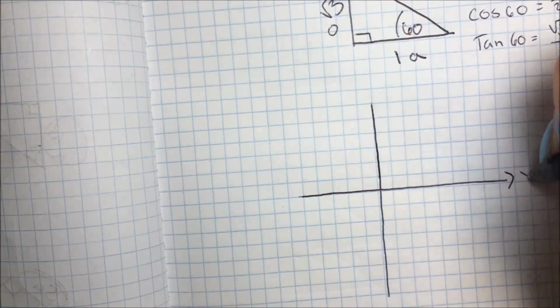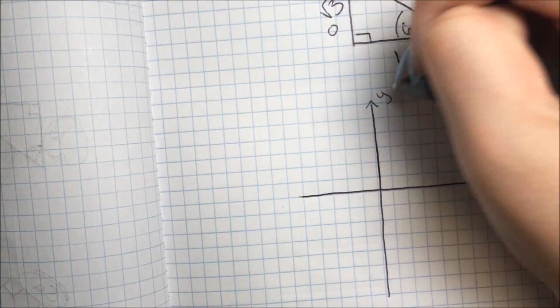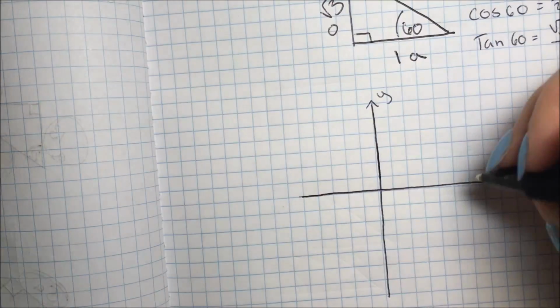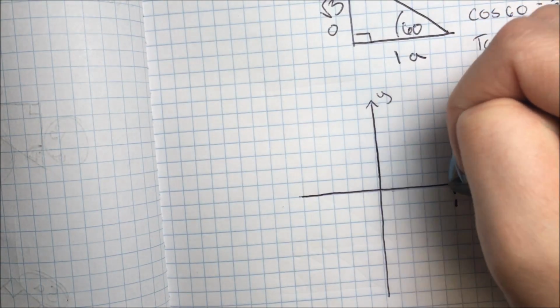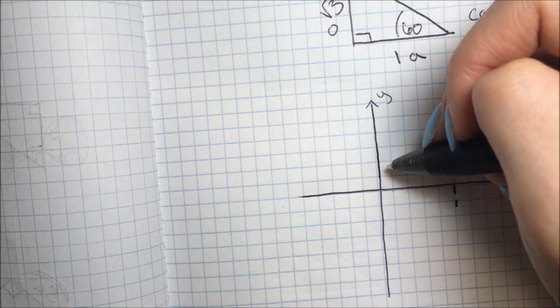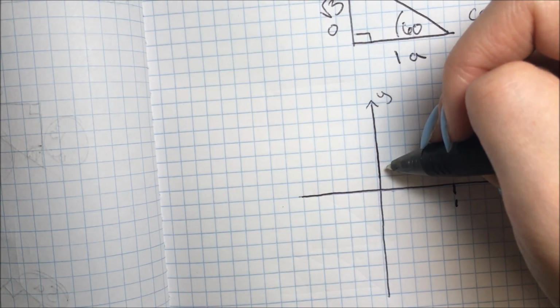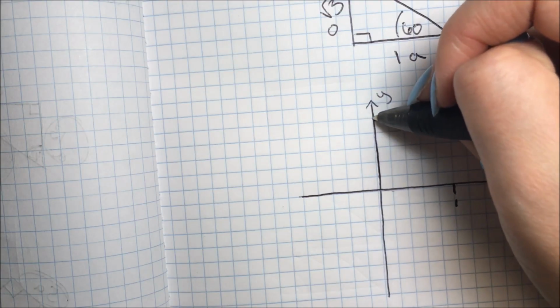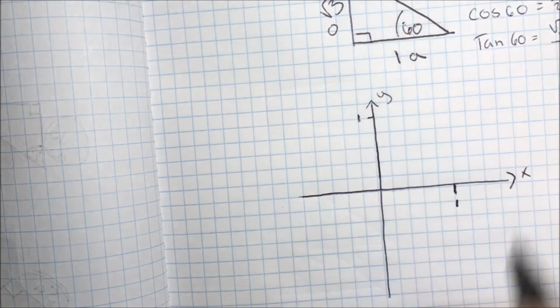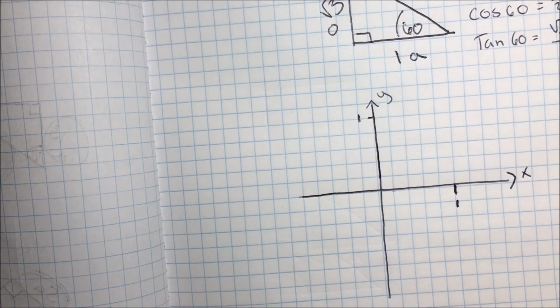And this is where things get a little amazing. Okay? So let's say this is 1, and 1. Okay? So let's say that's where 1 is.